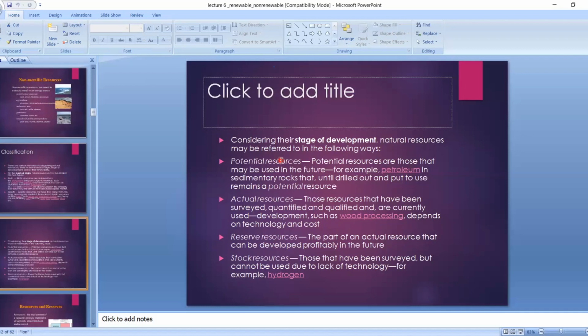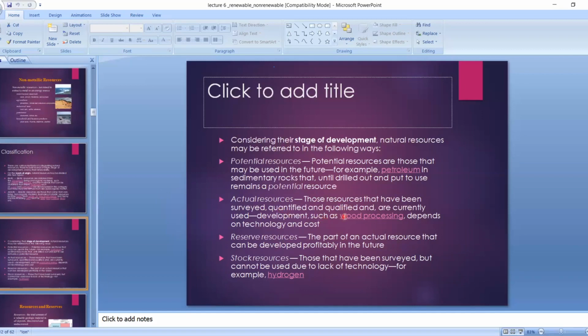Then comes the actual resources. Actual resources are a part of potential resources. These are the resources which have been surveyed, quantified and qualified. You have gone there and surveyed those sites where that particular resource is present. You have measured and quantified the data, how much fuel or any mineral or resource is there, and you also have data on the quality of those resources, like is it profitable, is it good quality.